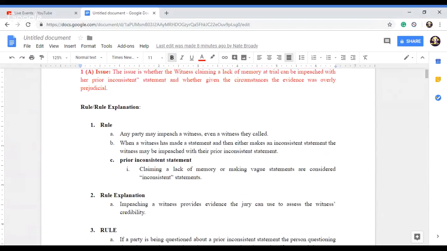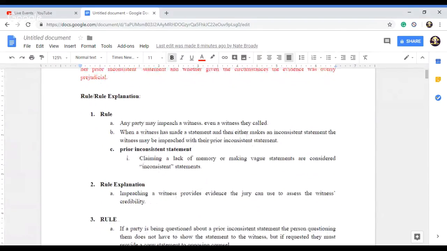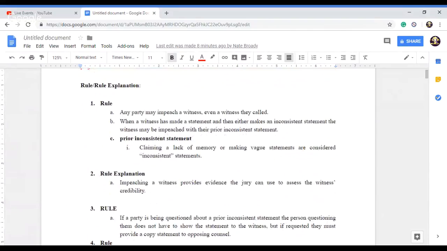Let's look directly at the rule, which is what you're seeing now on your screen. I haven't actually changed anything from what the professor had. I just broke it down into bullet form. This was her rule: Any party may impeach a witness, even a witness they called.